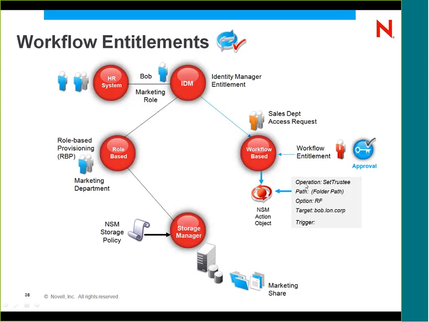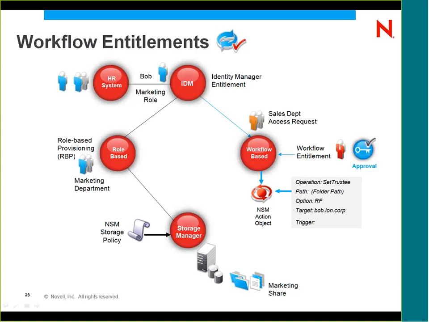The operation would be set trustee; that's the operation we're going to act on. Then the folder path, the path attribute, and by the way, we extend the schema for this action object with different attributes. I've got my path, which is where he's requesting access, and then the manager says, I'm going to approve read and file scan access. The target is Bob, who made the request.